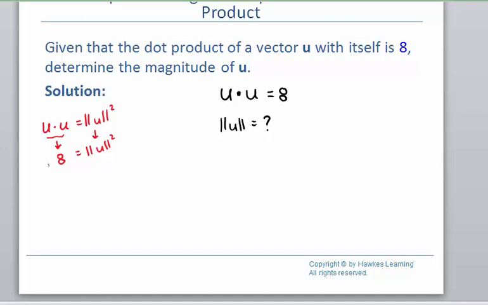We know that we could take the square root to get rid of that squared. And so the square root of 8, remember, is going to be 2 root 2. And taking the square root of the magnitude squared is just going to leave me the magnitude. All right, and so our final answer here will be 2 root 2 for the magnitude of vector u.